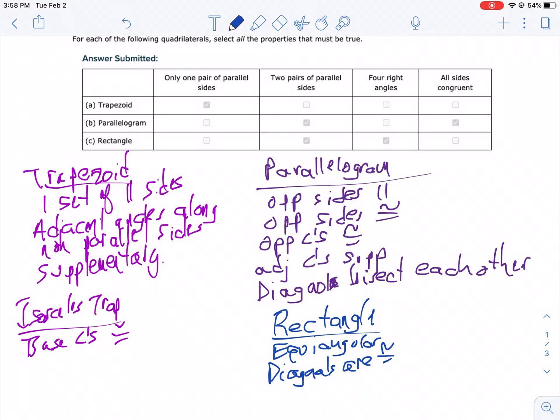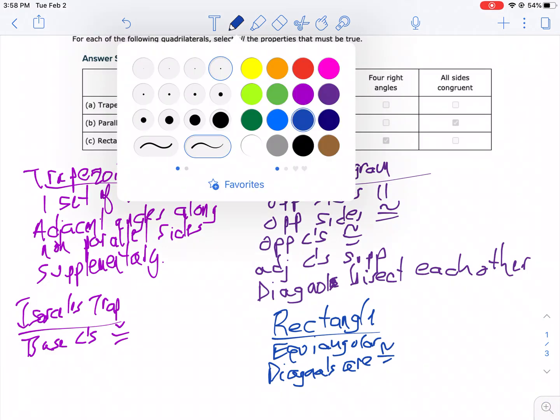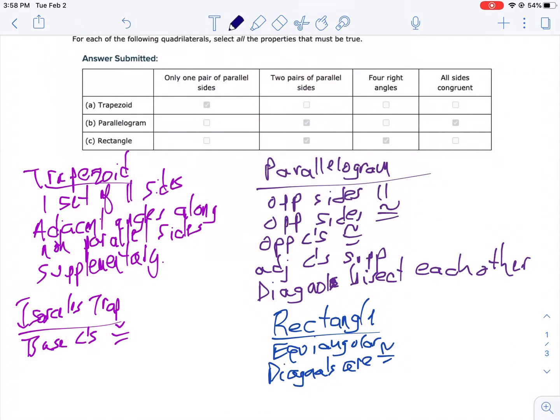Now, a rhombus is a parallelogram, so everything that is true about a parallelogram is true about a rhombus. In addition, it's equilateral. We know the diagonals are perpendicular.